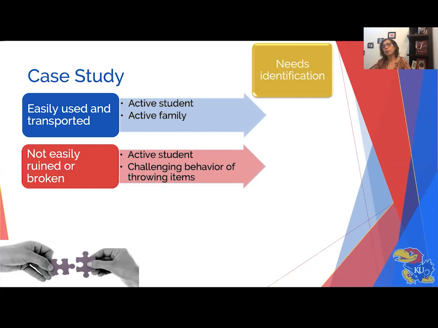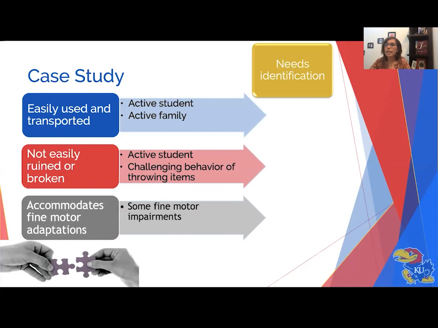And also, part of her challenging behaviors involve throwing items, at least for now. And they need a system that can accommodate fine motor adaptations. And that's because she does show some fine motor impairments.